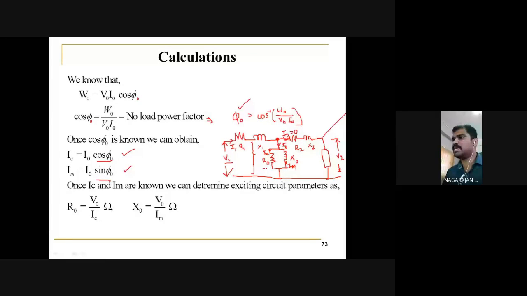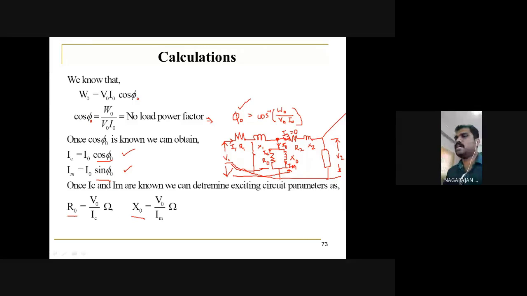R naught is connected in parallel to V1 as well as X naught is connected in parallel to V1. Both of them have been connected in parallel. We know the value of current, we know the value of voltage. So we can easily find out the resistance of the core component and the reactance of the core.